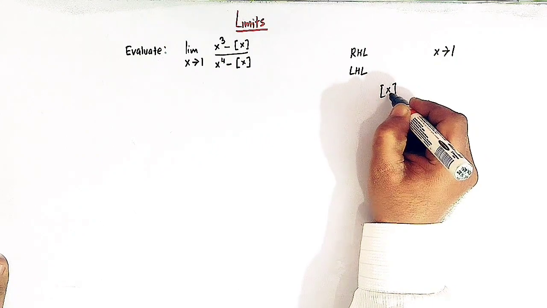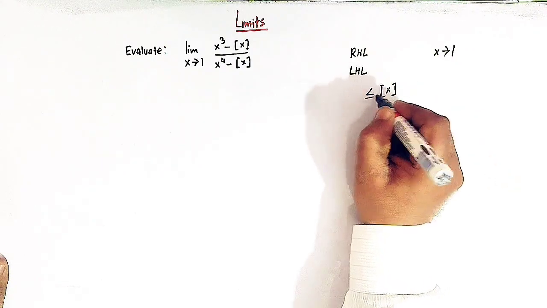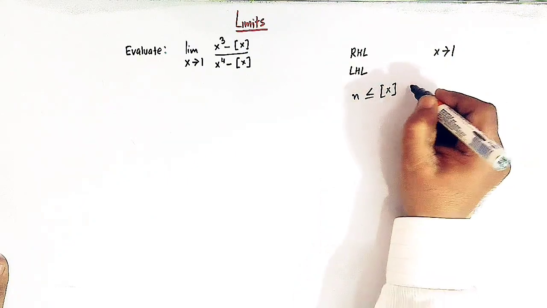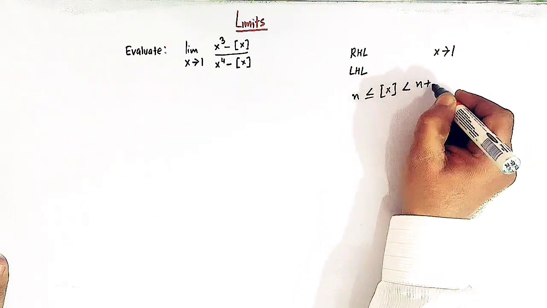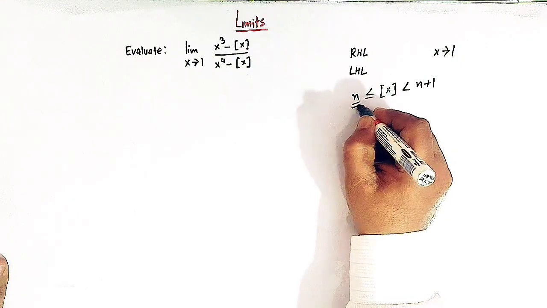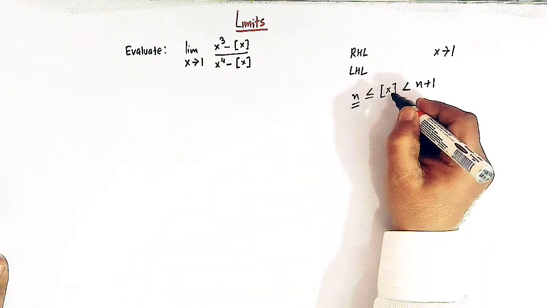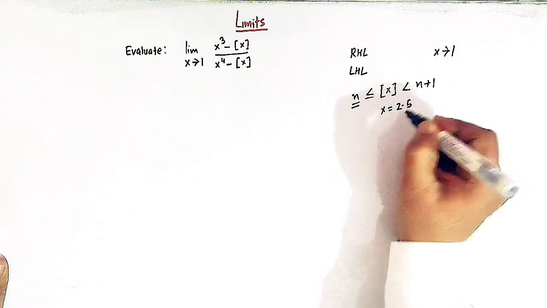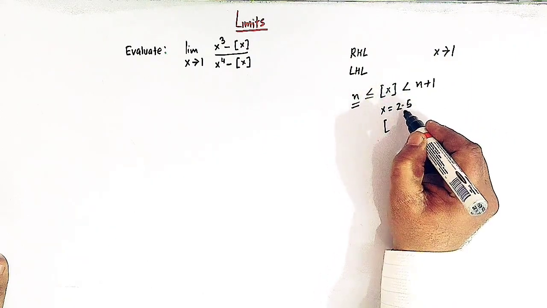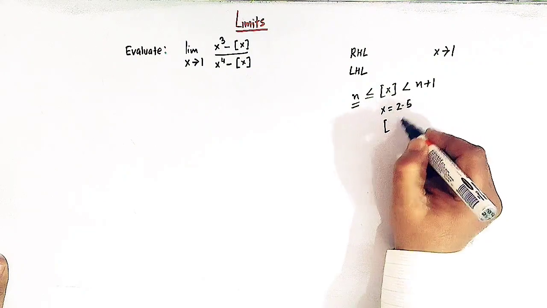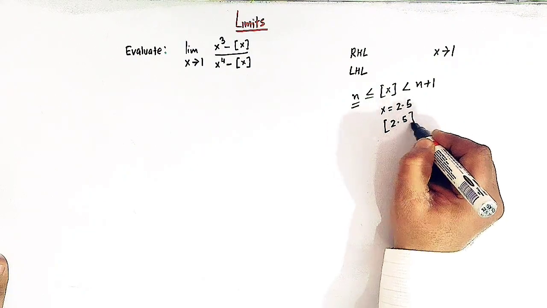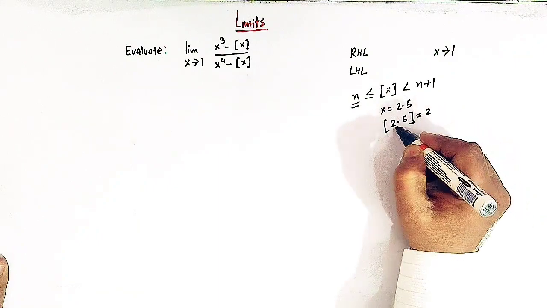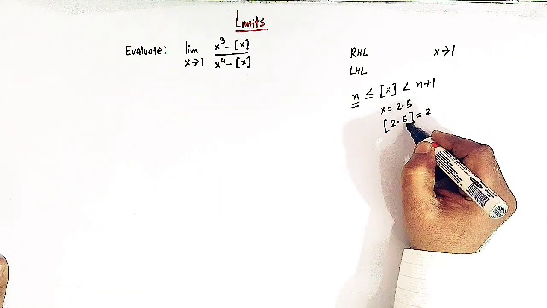Greatest integer of x is defined as: greatest integer of x is n when x is greater than or equal to n and less than n plus 1, where n is some integer. For instance, if we take x equal to 2.5, then the greatest integer of 2.5 is obviously 2, because 2 is the greatest integer less than 2.5.